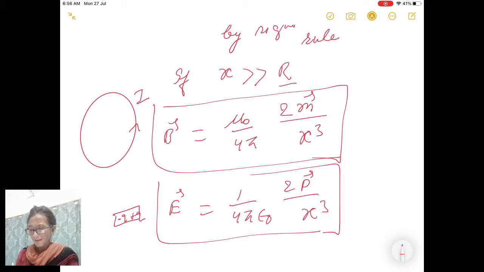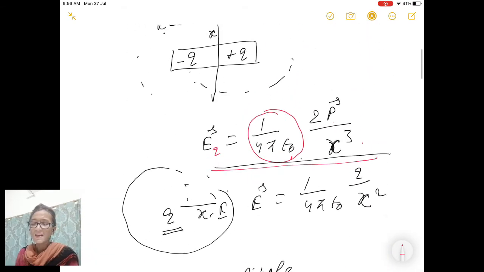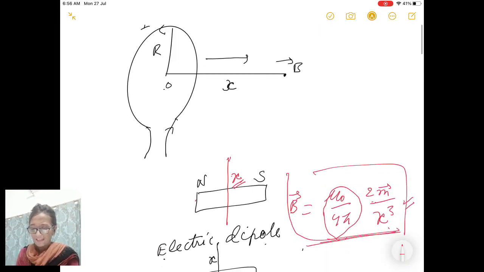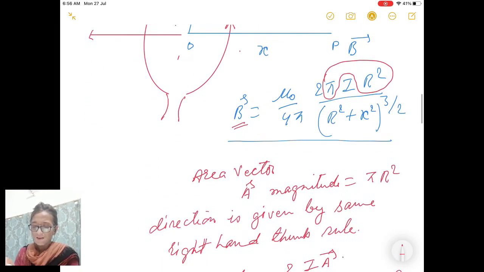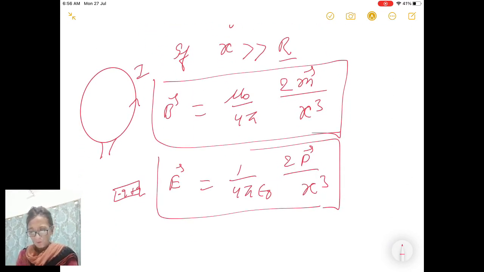So you make an analogy between the two and say that a current carrying circular loop is nothing but a magnetic dipole. We consider a circular current carrying loop as a magnetic dipole, as its value comes out analogous to the electric field due to an electric dipole.